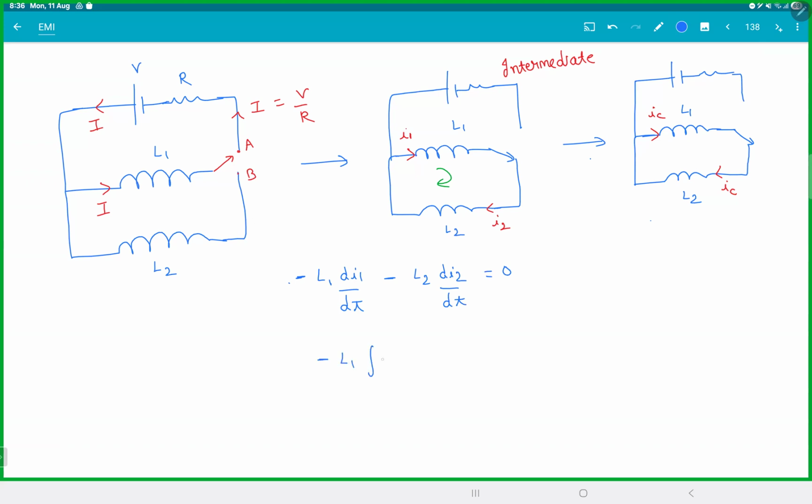Minus L1 integral di1, this will be L2 integral di2. This current goes from capital I to I common, and this current goes from 0 to I common. You get I common is equal to L1 I by L1 plus L2.